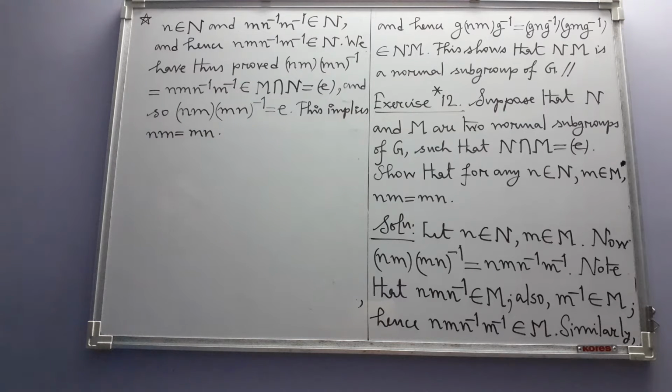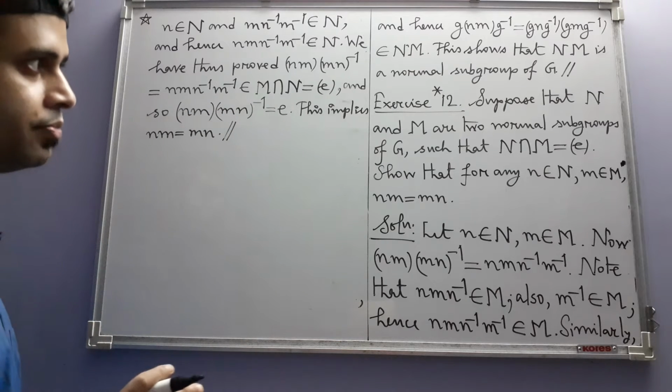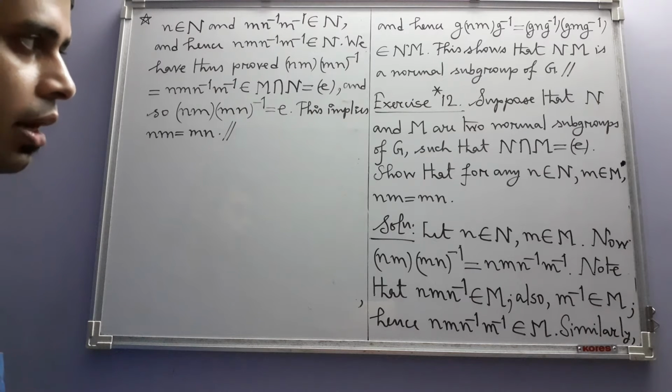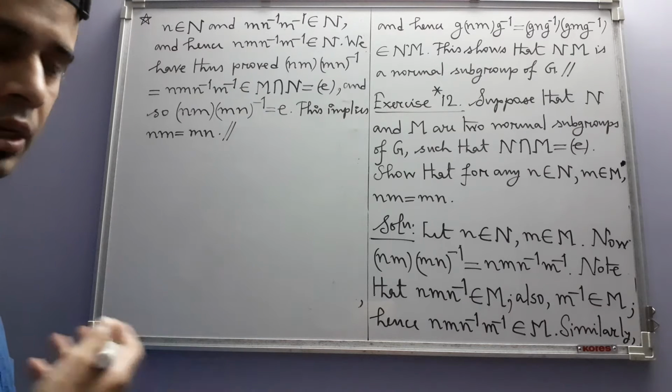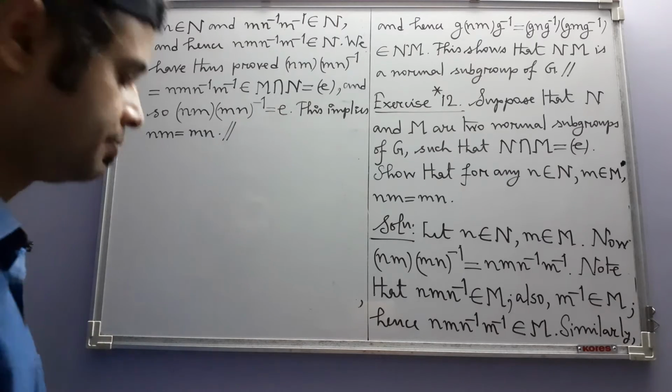So that's what we wanted to prove. So in any group, if we have two normal subgroups that intersect trivially, then the elements between them, all of them commute.